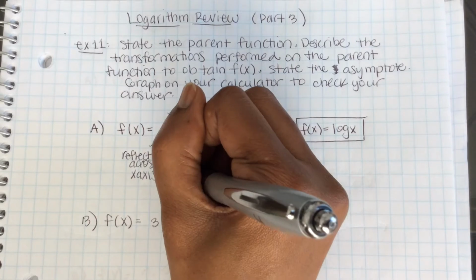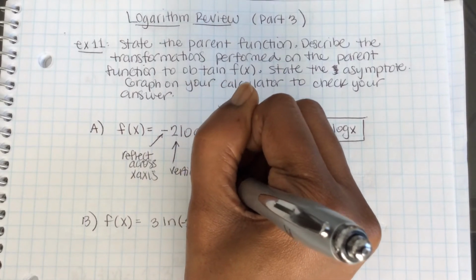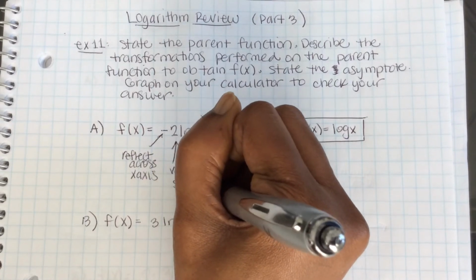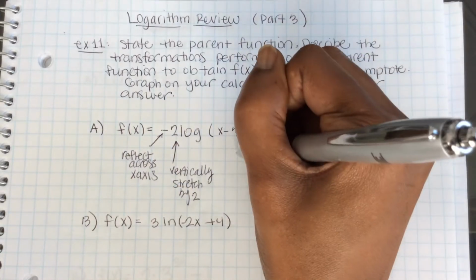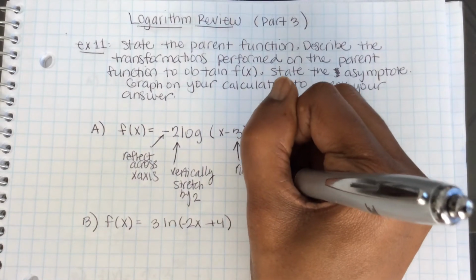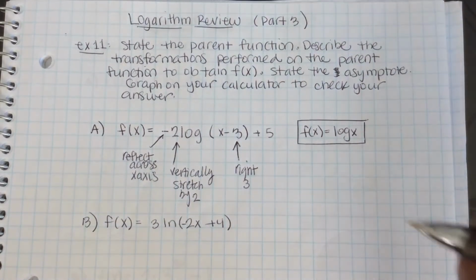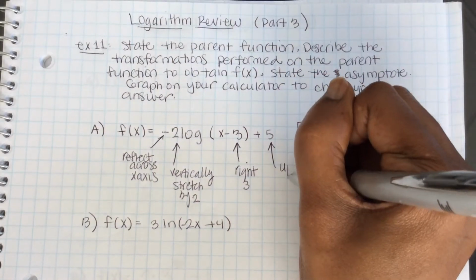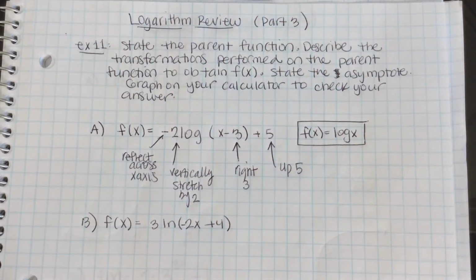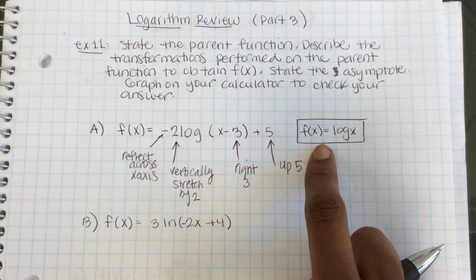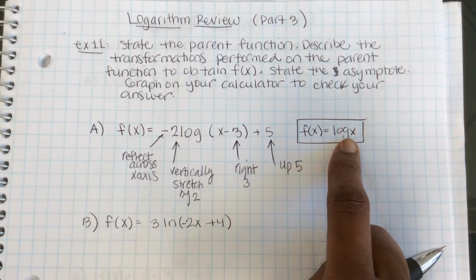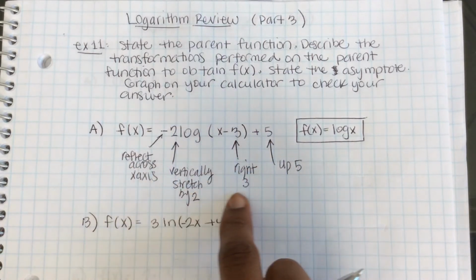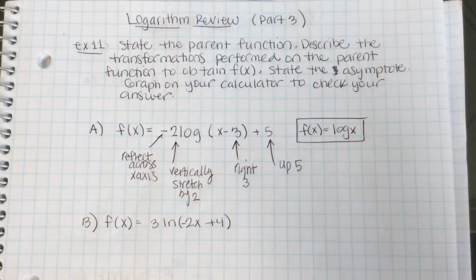This 2 in front vertically stretches by 2. Subtracting 3 shifts it to the right 3 units, and adding 5 shifts it up 5. So we know what the parent graph of this function looks like. My base here, remember, is base 10, and then it's done all of these transformations to it to get this function.